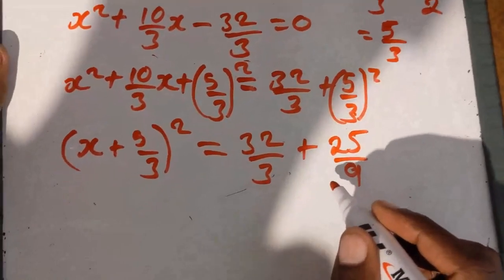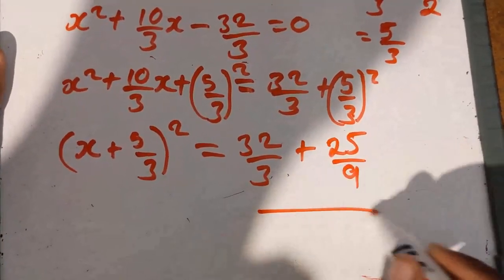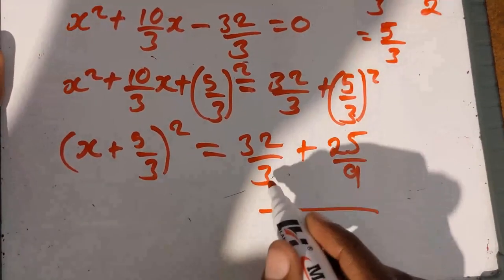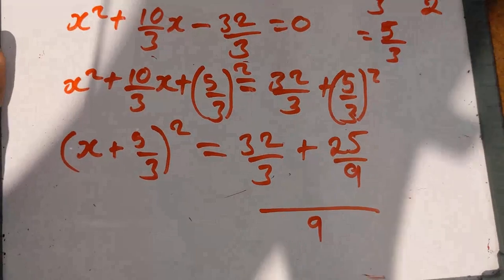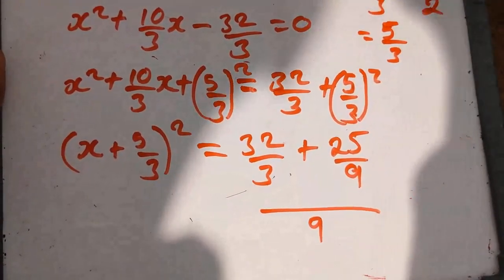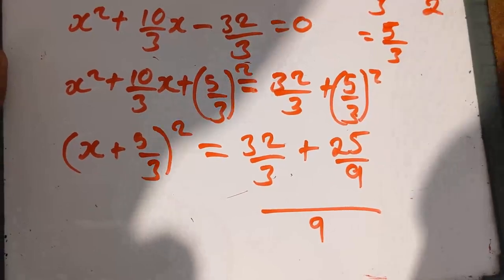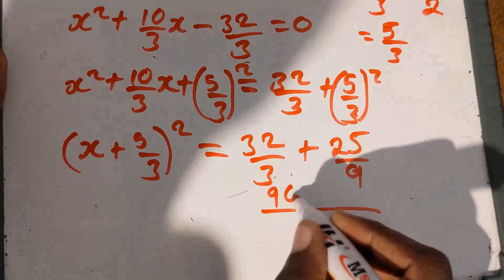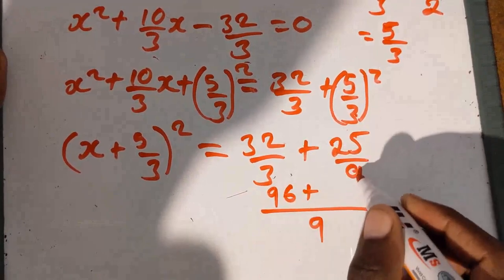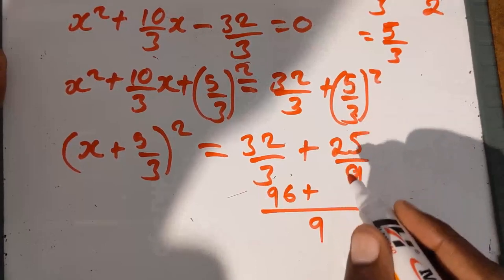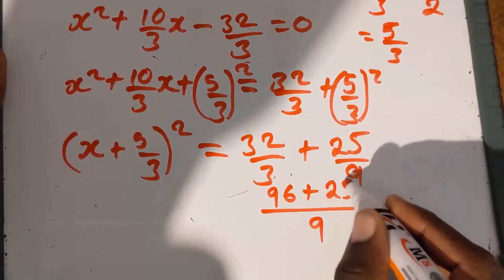Alright, so from here now we can find the common denominator, which is 9. 3 into 9, that is 3. 3 times 32, you're going to find that it is 96. Then plus 9 into 9, that's 1. 1 times 25, that is going to be 25.